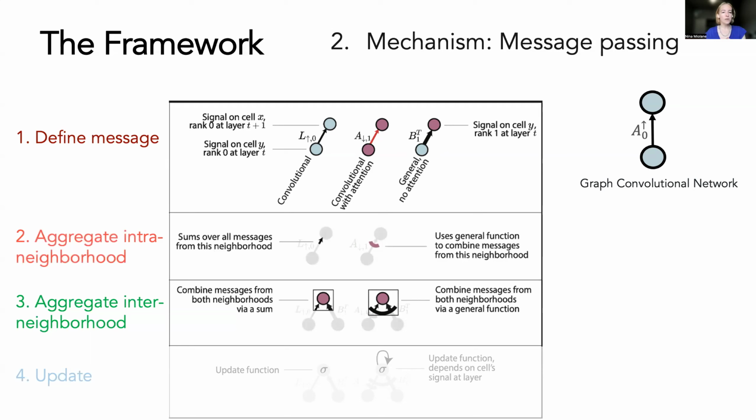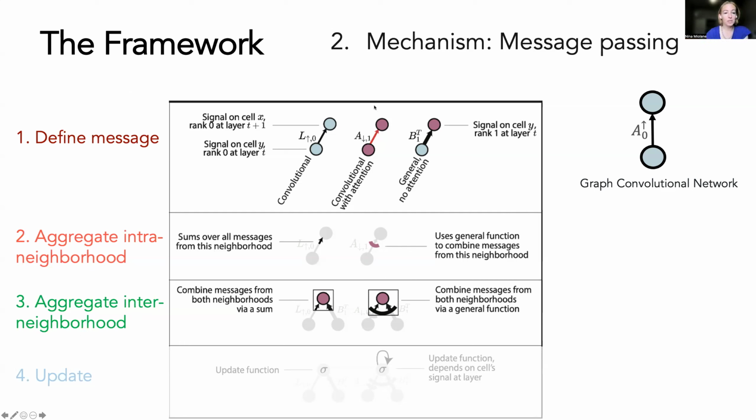Then we have 2 other steps in the message passing mechanism, meaning when all messages arrive at one cell, how do these cells aggregate these messages? And this can be separated into intra-neighborhood aggregation and inter-neighborhood aggregation.